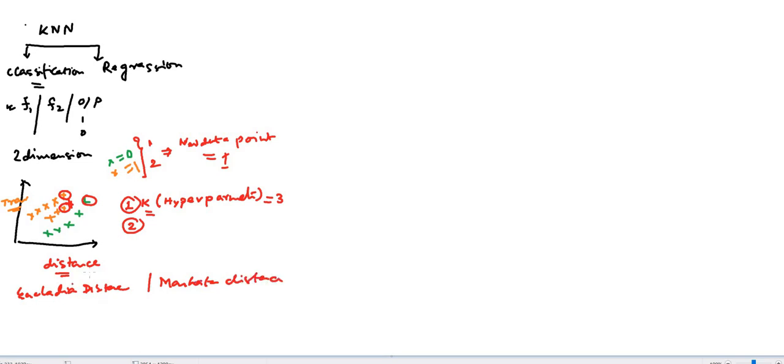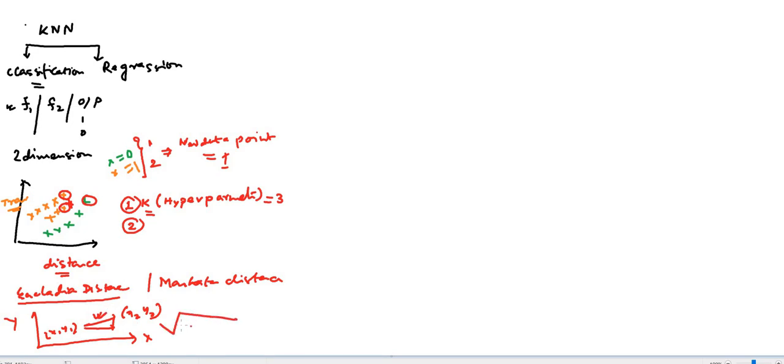Okay, now when we are calculating the Euclidean distance, let's consider this is my x and y plane, and I have 2 points. Let's consider the first point is x1, y1, and the second point is x2, y2. So let's consider this point and this point. Okay, so we are calculating this distance.